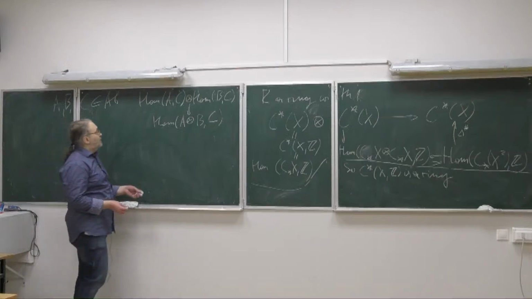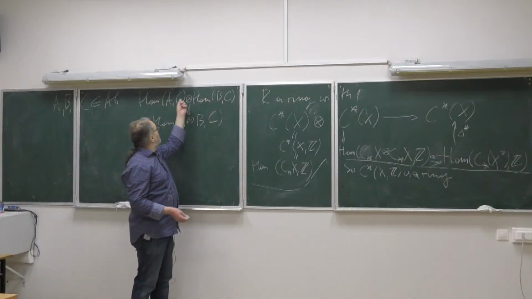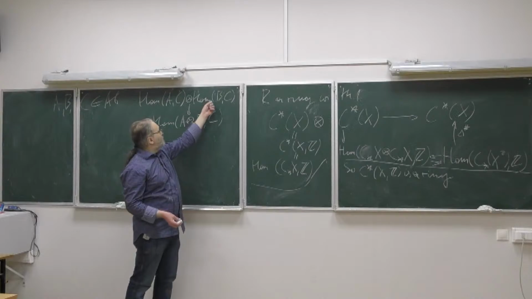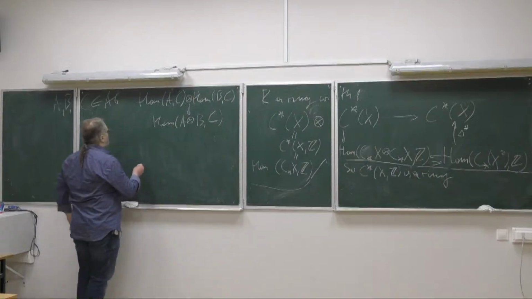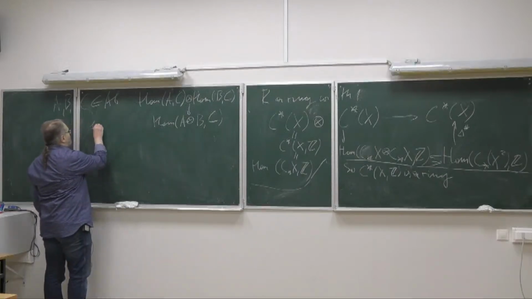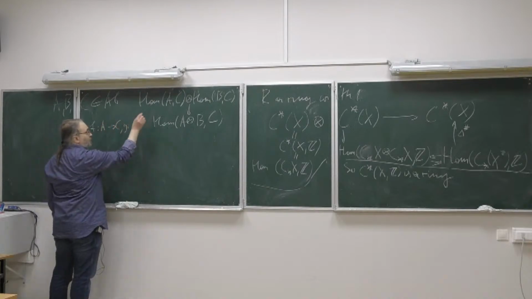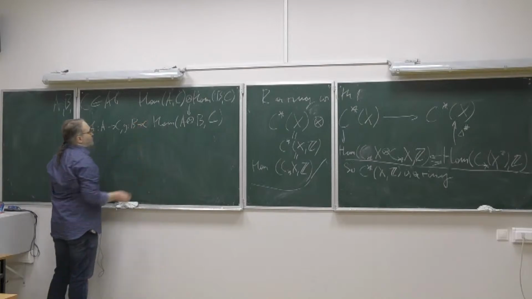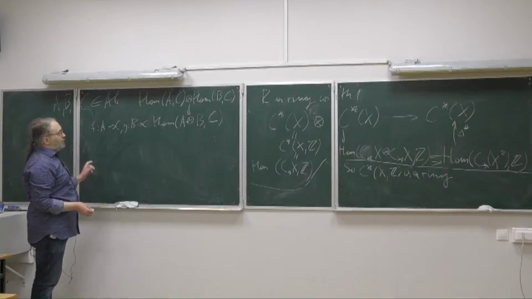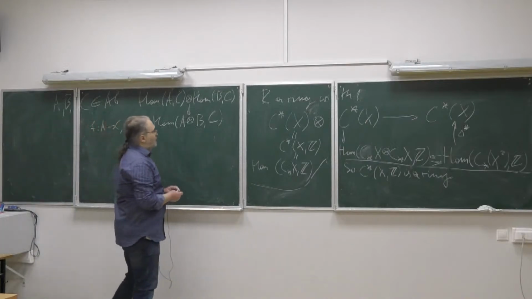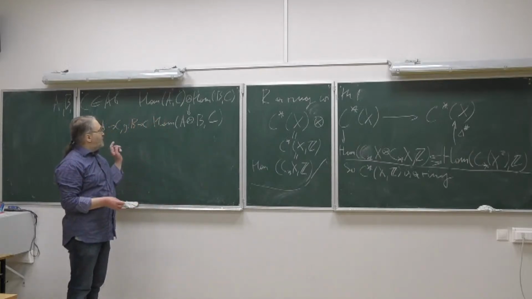Or explicitly, if I have an f from A to C and a g from B to C, there's, okay, so there's something wrong here.